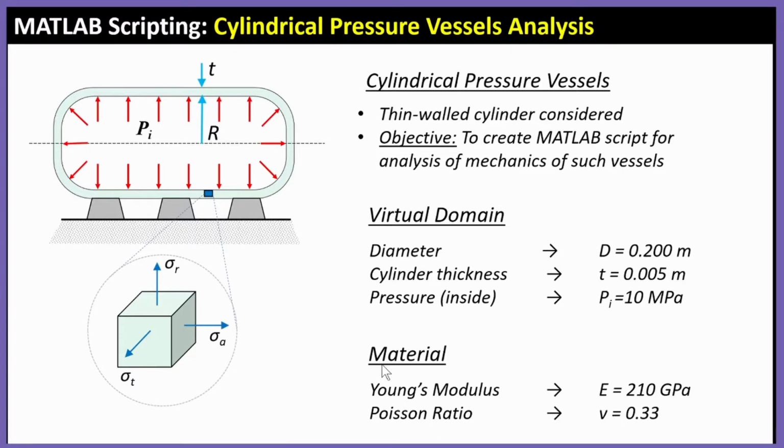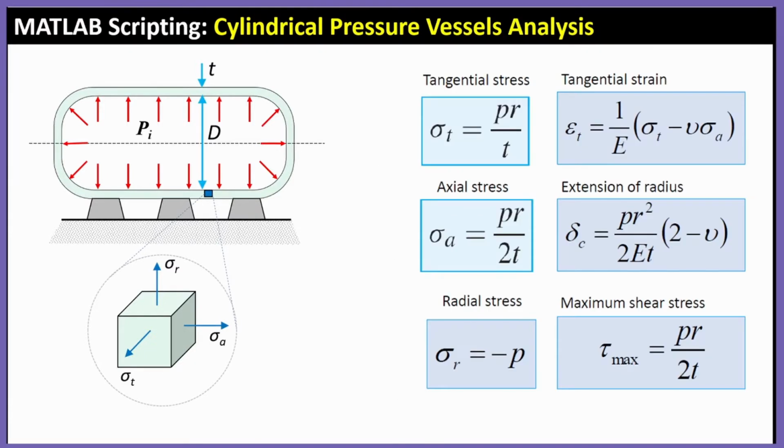The material for the design of this pressure vessel would typically be a steel with a Young's modulus of 210 gigapascal and a Poisson ratio of 0.33. This is the information that we're going to put into the code as we begin to draft this MATLAB script for analysis of the mechanics of a cylindrical thin-walled pressure vessel.